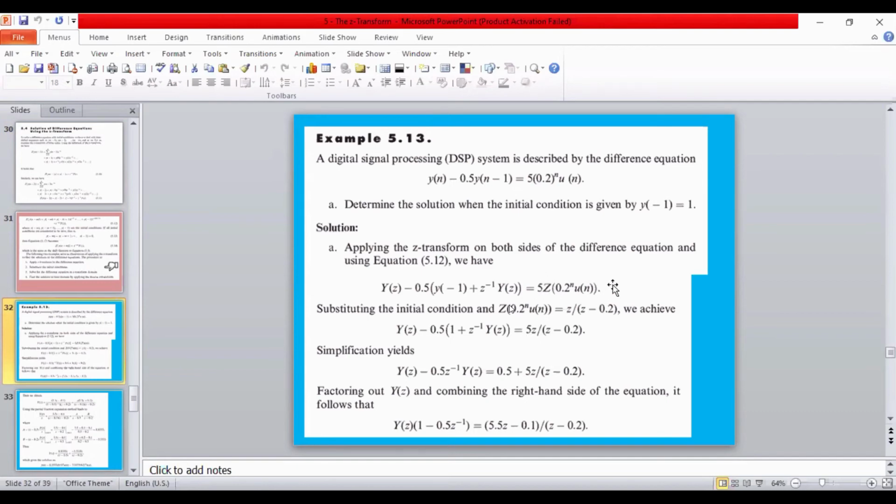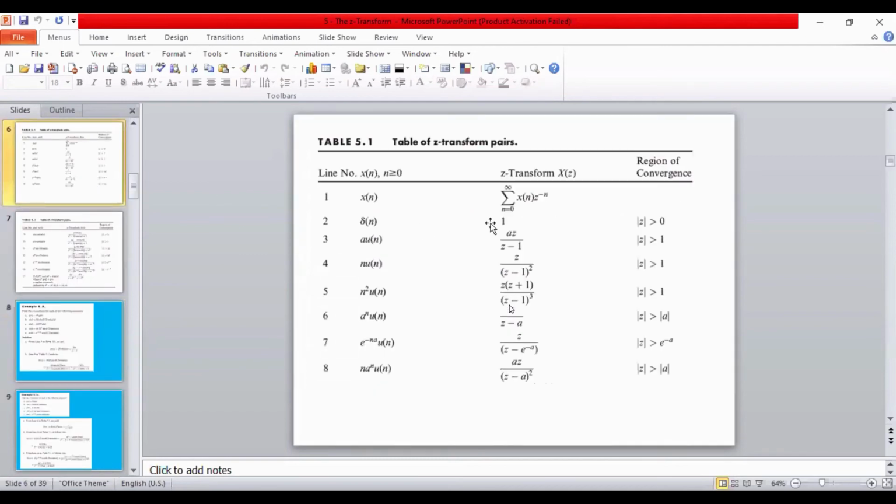And now we observe, we remember this one? This is our familiar thing already. This is a number raised to the power of n. It has the function z divided by z minus 0.2. Just if you forgot it, we look at this table here, line number 6. We have our term, this one, and its Z transform is this one.